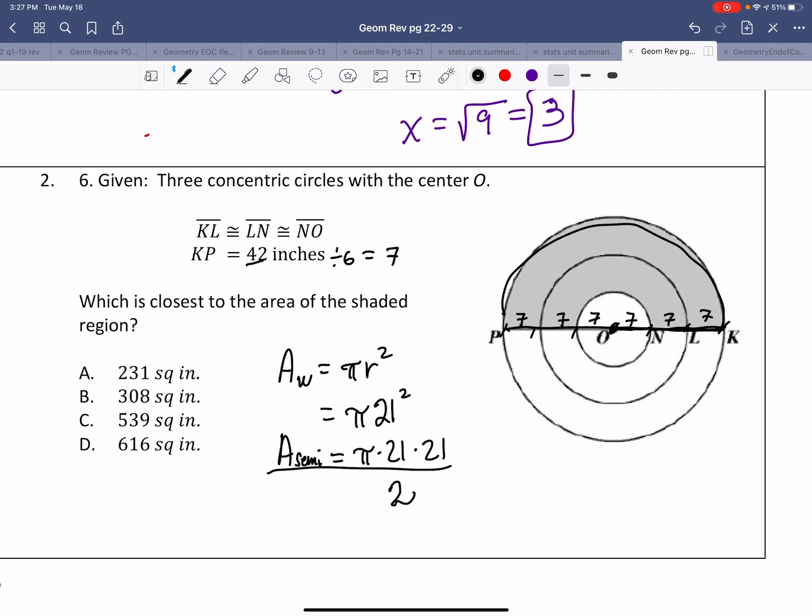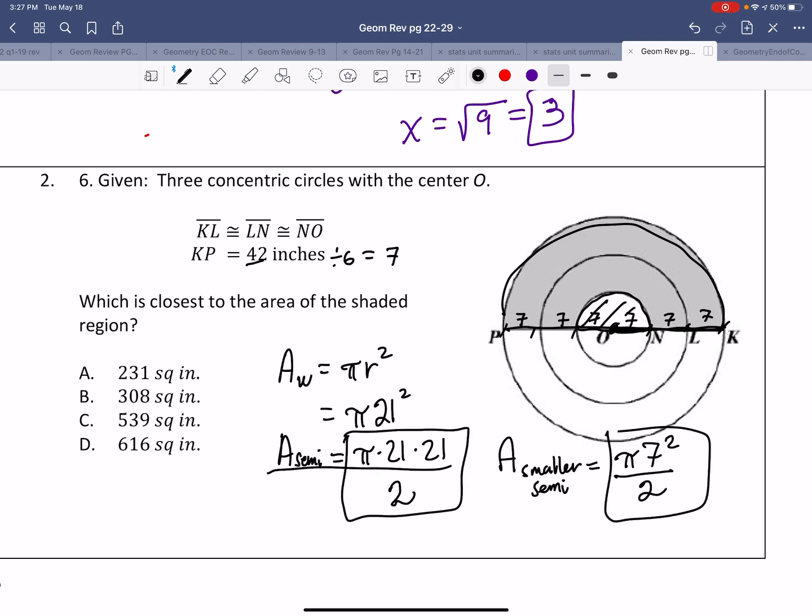Now I still have to subtract off a half of the smaller circle. So what is the area of my smaller semicircle? Well, the area of the whole center circle is 7 squared times pi, and then I want to cut that in half. So I need to take this number and subtract, see how this was cut out of it. And they want us to approximate.